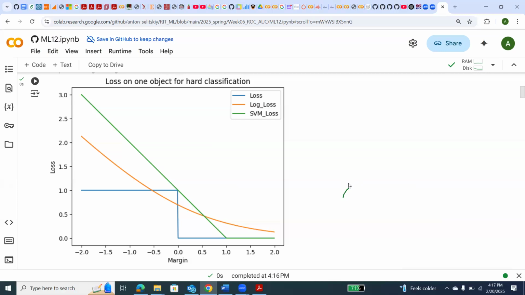It will say, well, it's a positive class, but with probability 0.999. And the green line stands for support vector machine with hinge loss. It again will penalize incorrect classification: when our margin is negative, the loss will be large. But after some point, it will provide hard classification. So it's just positive class and no doubt.